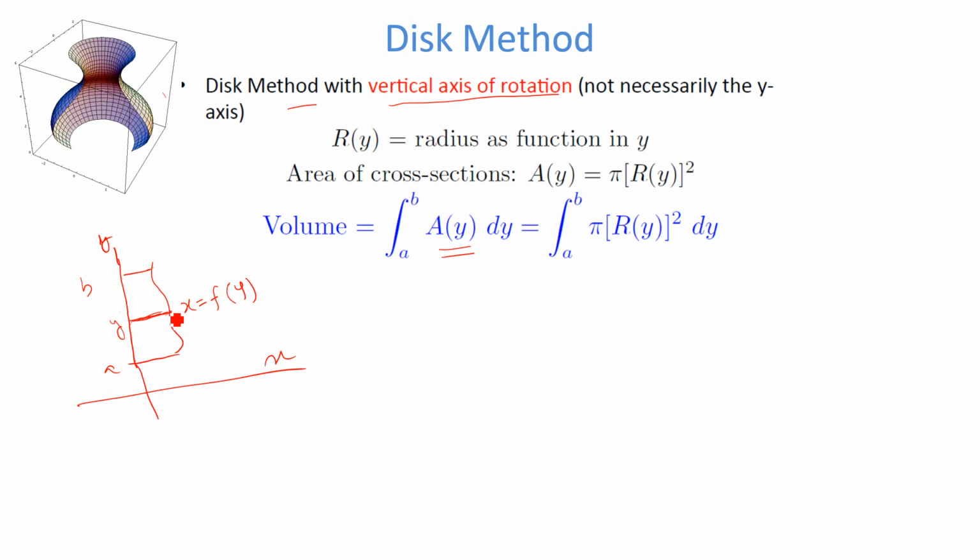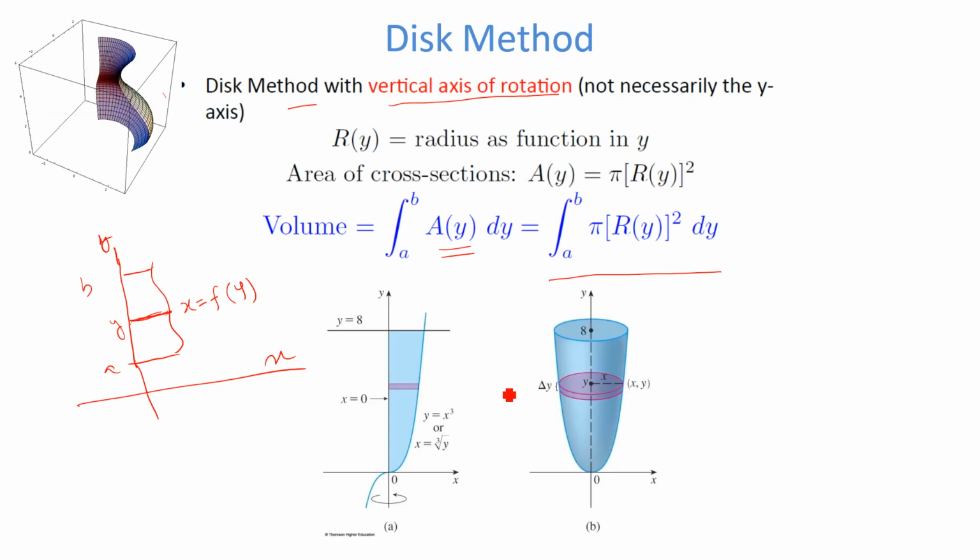So the target is to find the radius so that we can find the area of cross section of this solid of revolution. So in case of rotation about a vertical axis, the volume formula is the integral from a to b of pi r(y) squared, where our radius is a function of y.